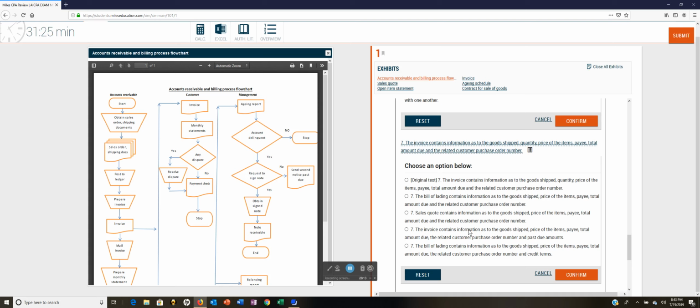The invoice contains information as to the goods shipped, price of the items, payee, total amount due, related customer purchase order number, and past due accounts. No, invoices don't normally show past due accounts.